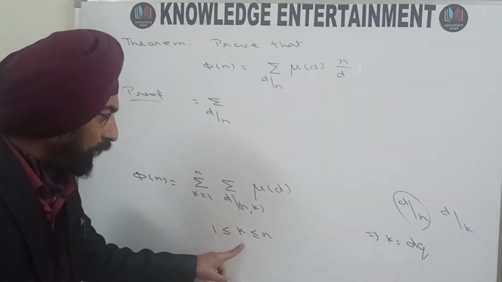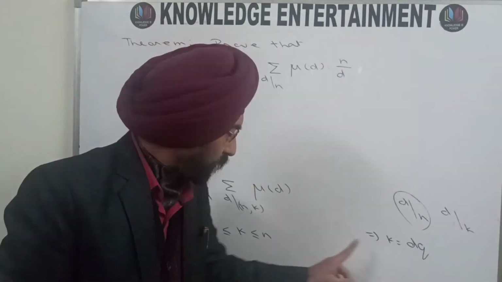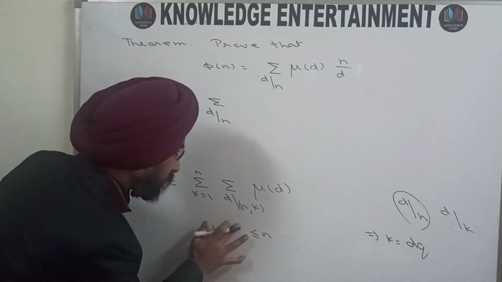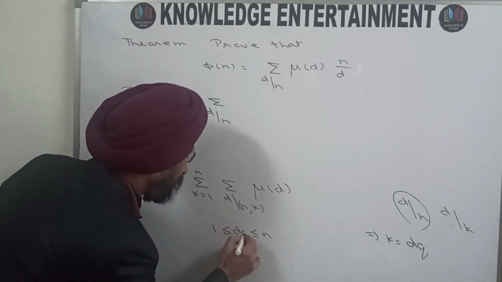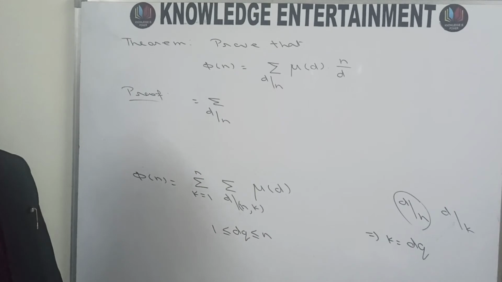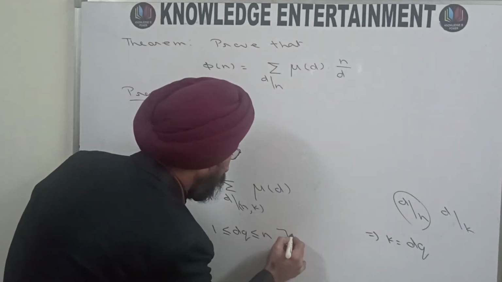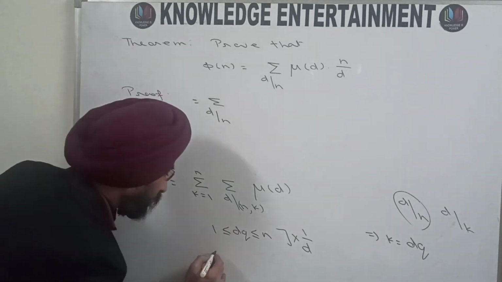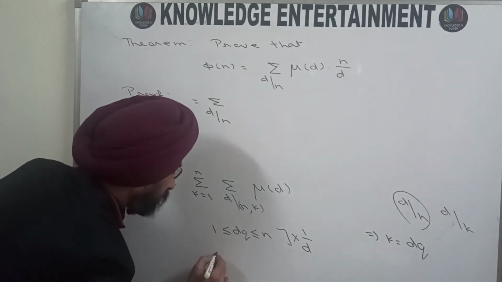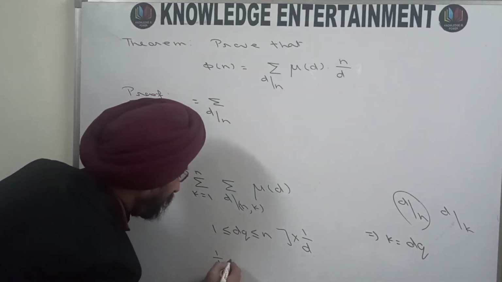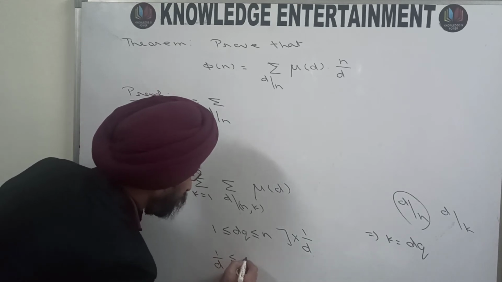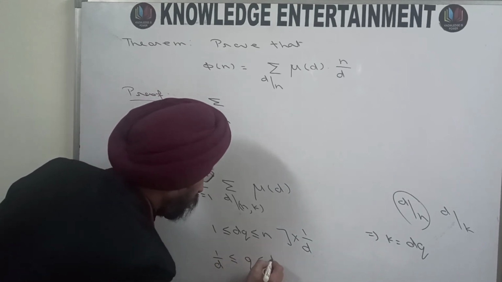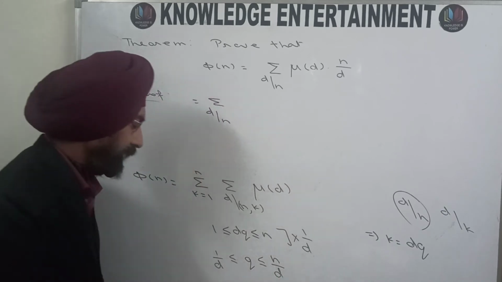So substitute the value of k from here. k is equal to dq. Put it here, and multiply this throughout by 1 upon d. 1 upon d is a positive number because d is a positive divisor. So multiplying, you will get 1 upon d is less than or equal to q is less than or equal to n upon d.